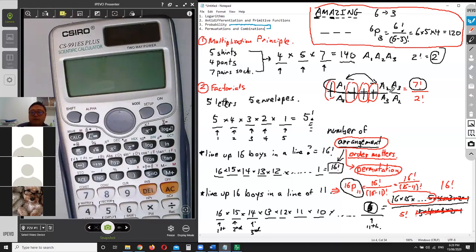Yes. So this arrangement is exactly the same as this arrangement.